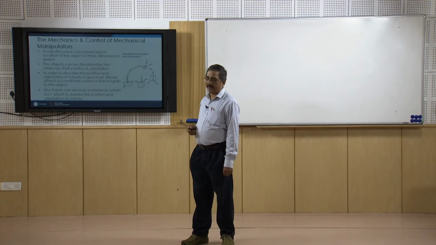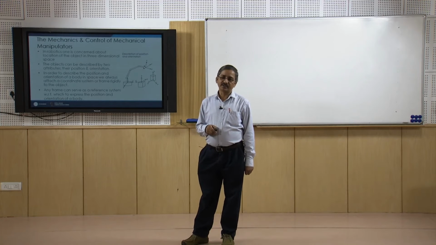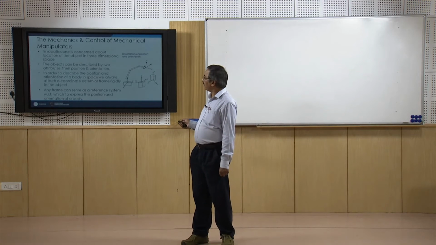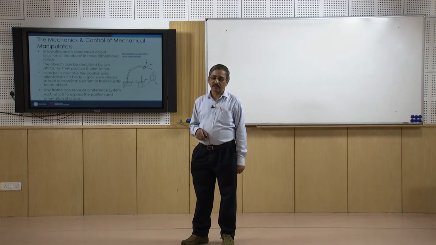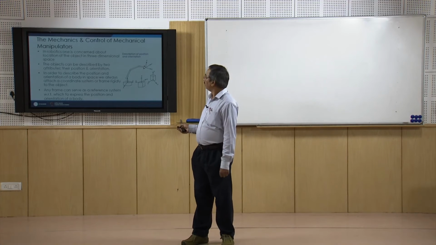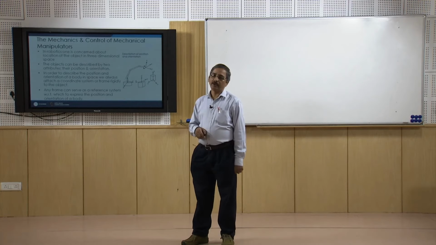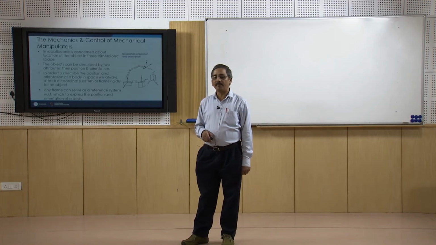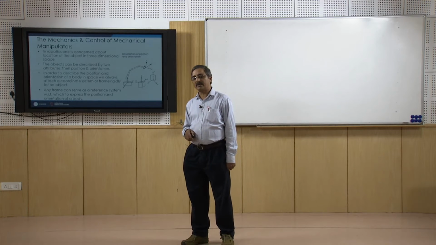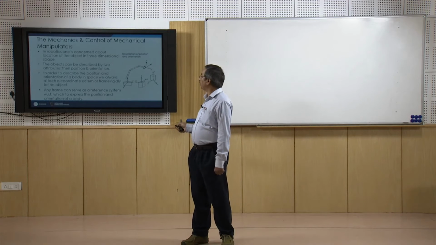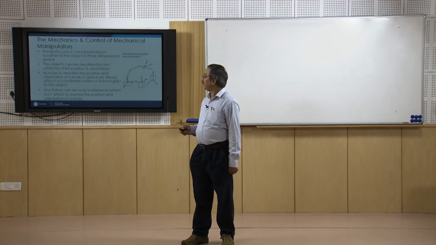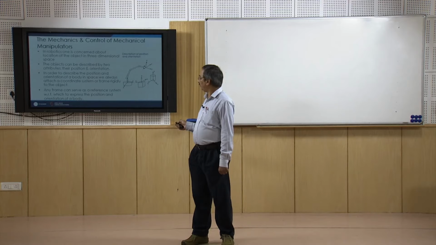Now, this object in 3-dimensional space can be described by 2 attributes: the position and the orientation. That is, the 3 x, y, z coordinates of the object position, and 3 orientations of the object.